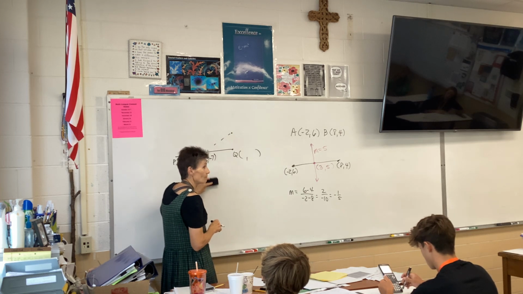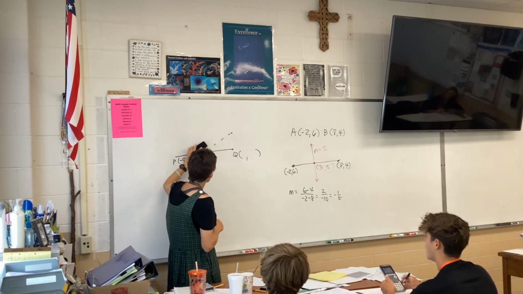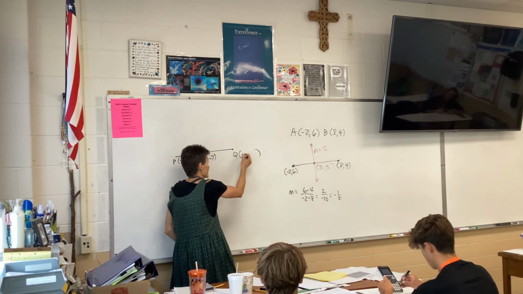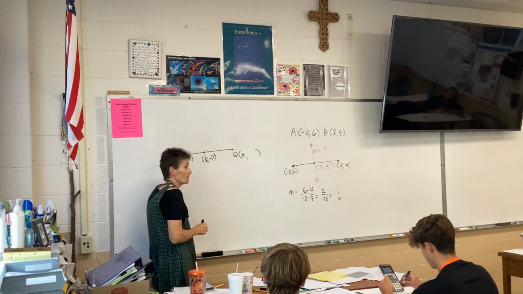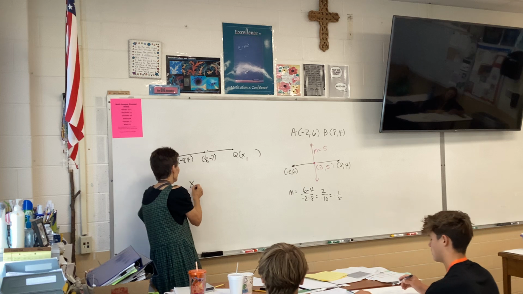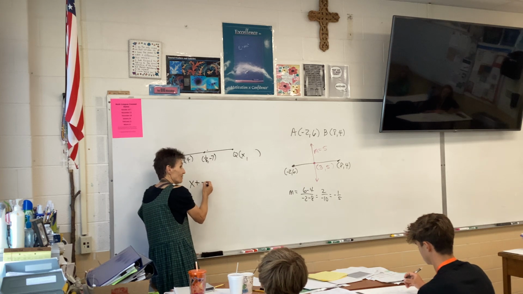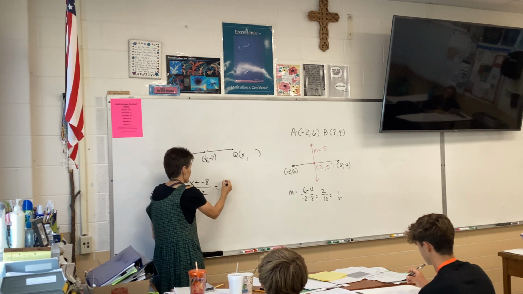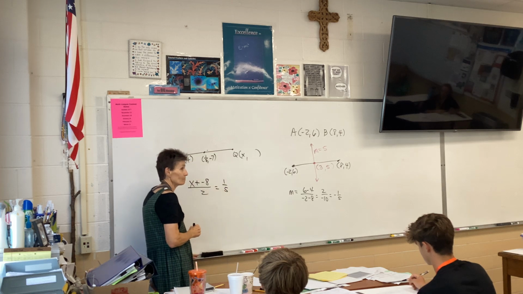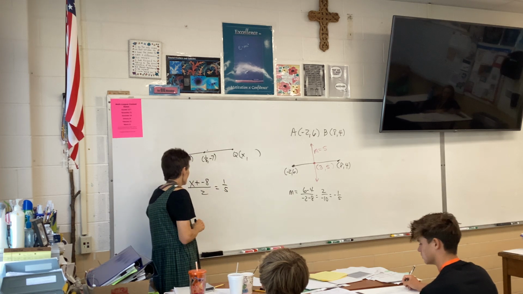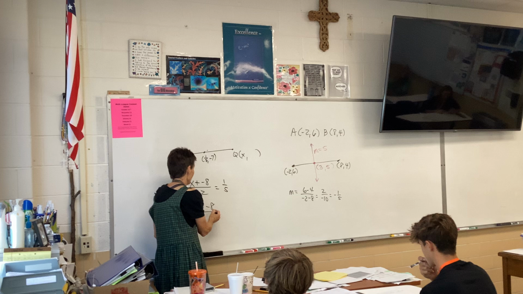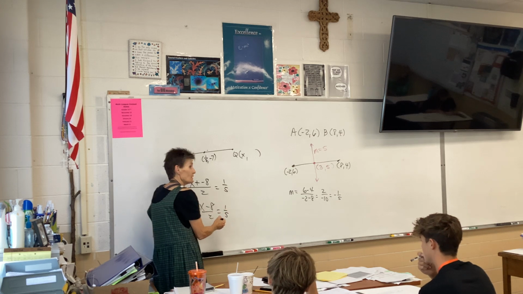It's the average. So I don't know what this is, but the average of it and -8 is 1/5, right? So x minus 8 over 2 equals 1/5.